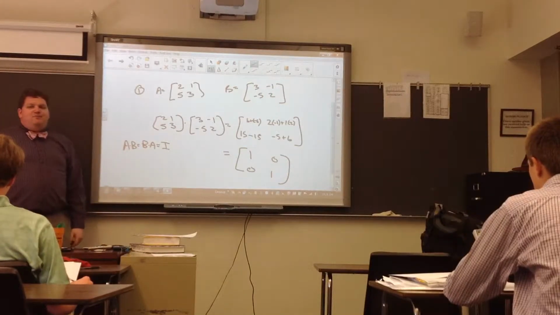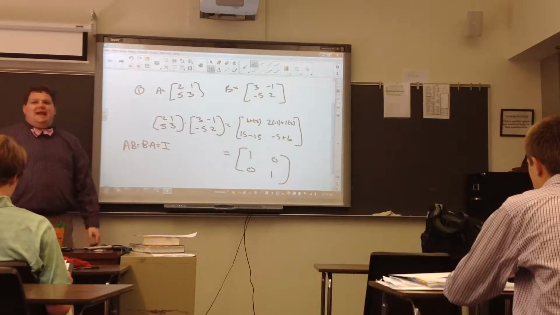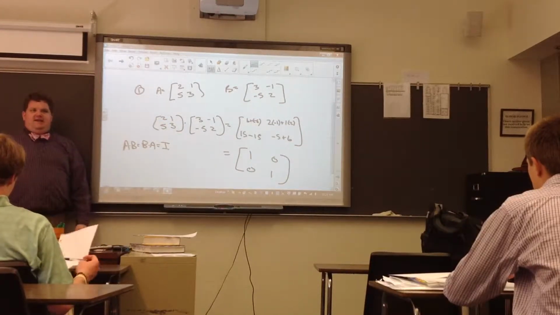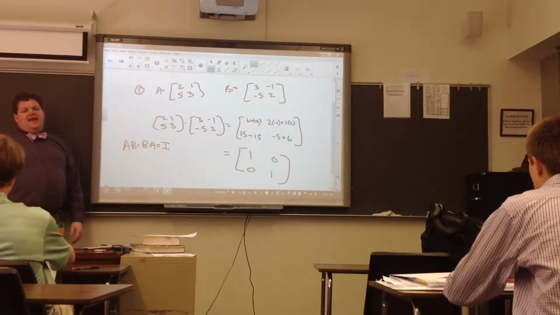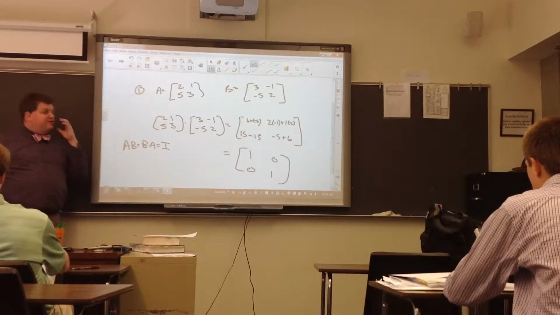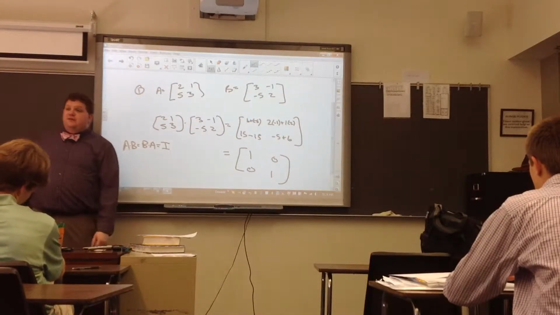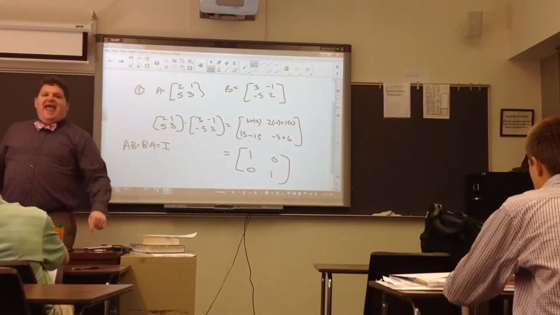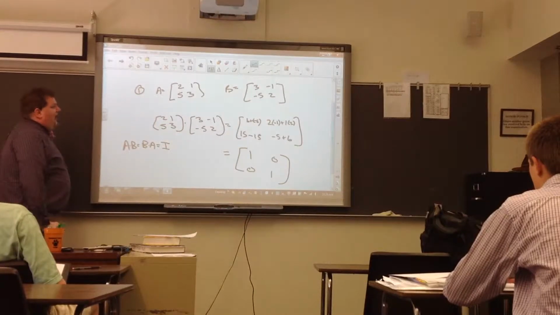Also, it is possible to have more than one inverse matrix for a matrix. It can happen where I've got two matrices being inverses, and one matrix being the same and then a completely different matrix also being inverses. And the method we use to find inverse matrices finds us an inverse matrix, so do keep that in mind.